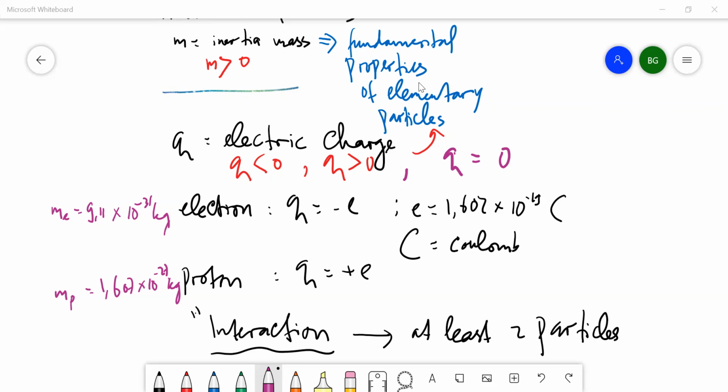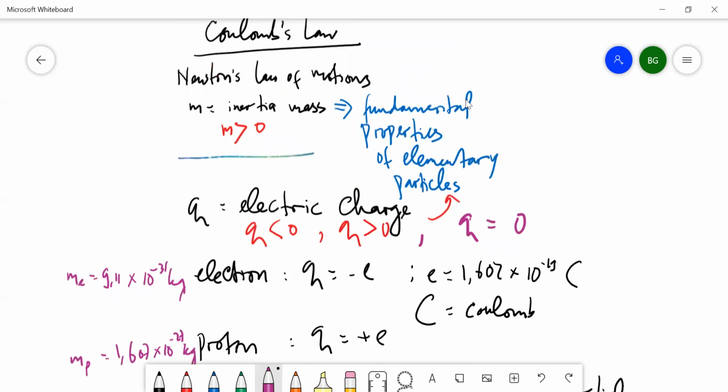So for elementary particles, we can distinguish between them by their mass and also their electric charge. Basically, mass and electric charge are the fundamental properties of the building blocks of our universe.